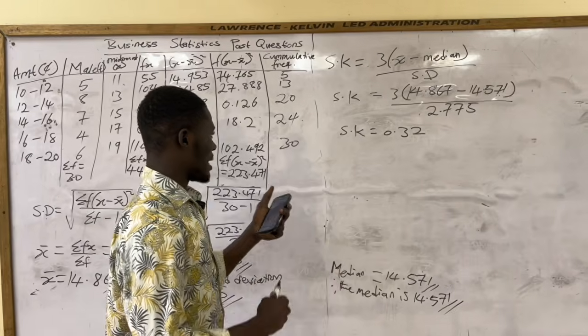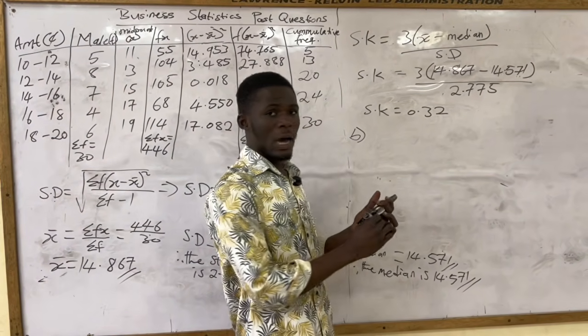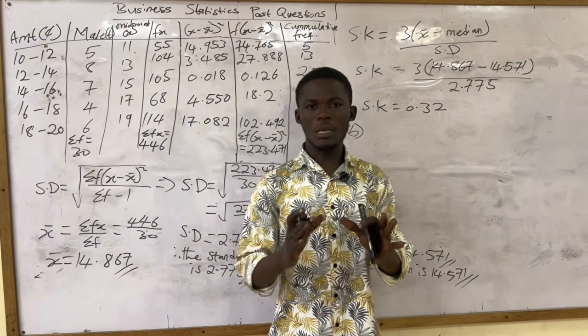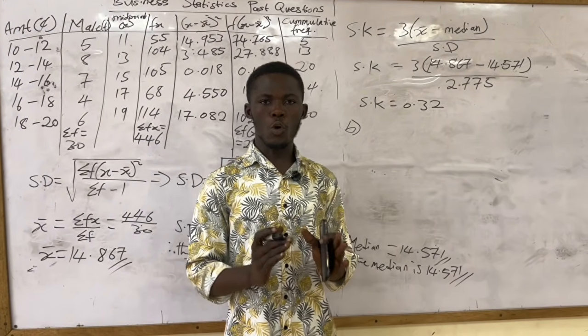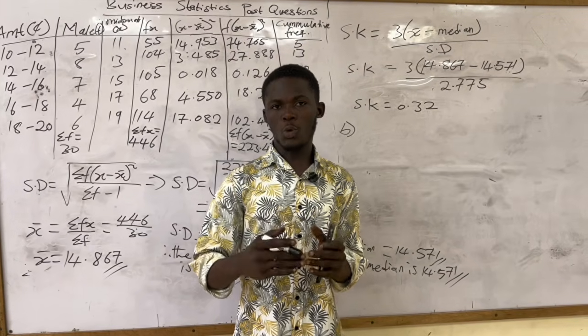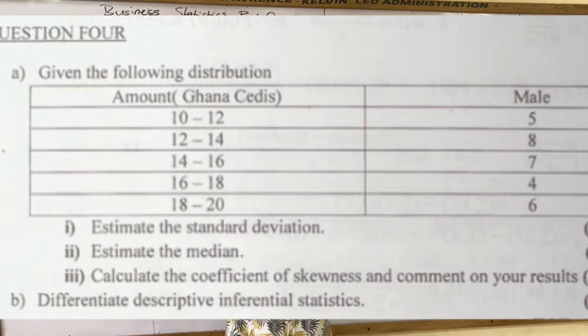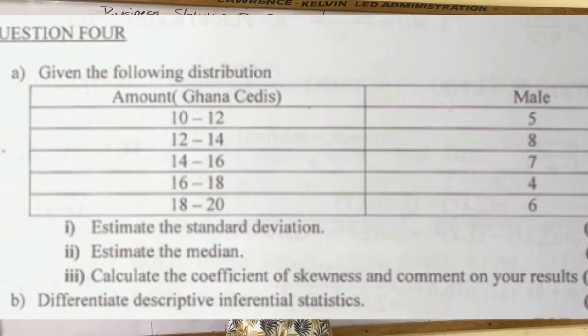Now let's look at the B. I'm not going to write it down, but I'm going to give you the tips for you to understand it and use your own language to explain it. It says differentiate between descriptive and inferential statistics.